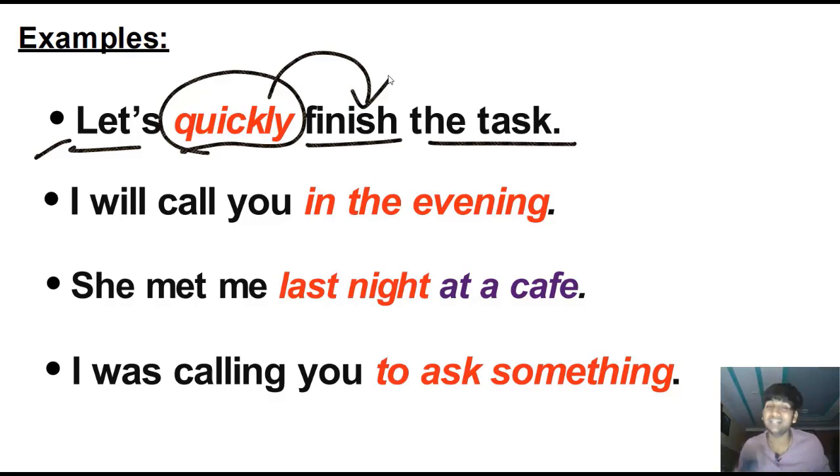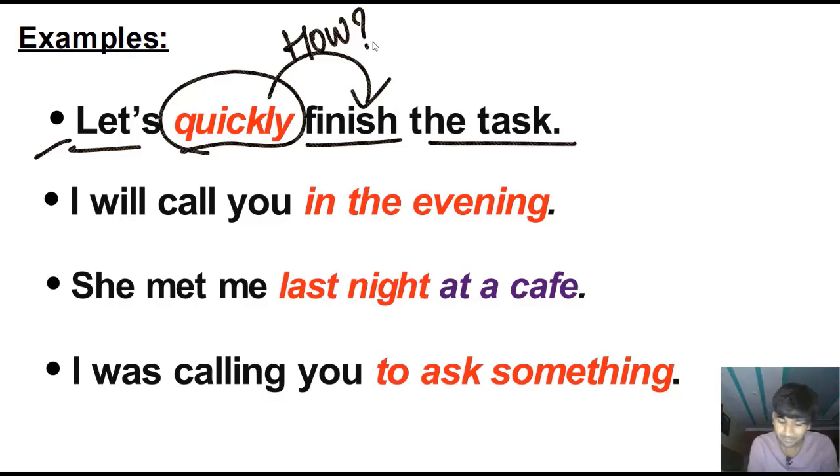You'll find that out later on going forward. All right. So it is an adverbial. Why? Because it's functioning like an adverb. It's giving information about the verb finish. It's telling us how the action is happening, or how the action should happen. How should we finish the task?